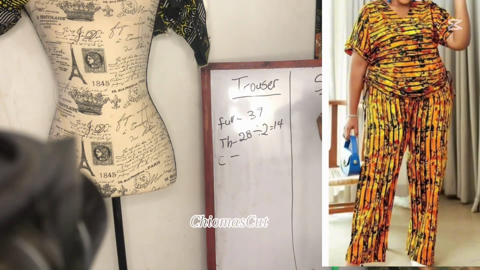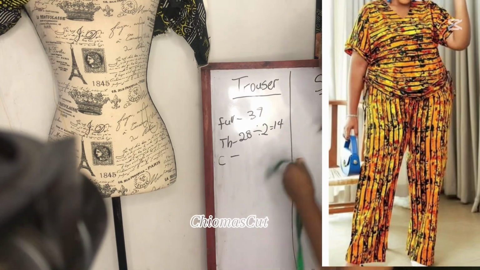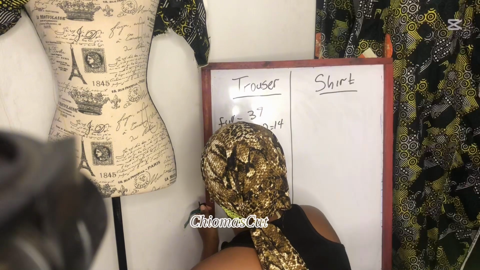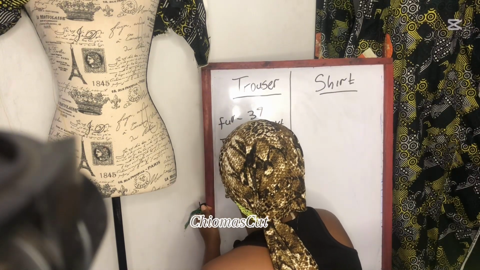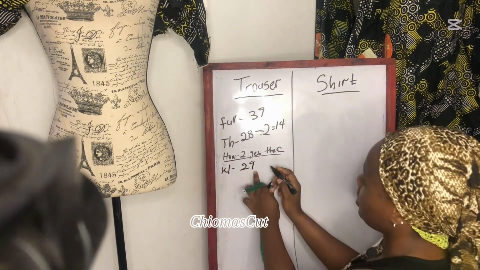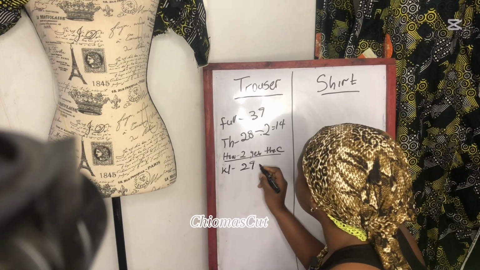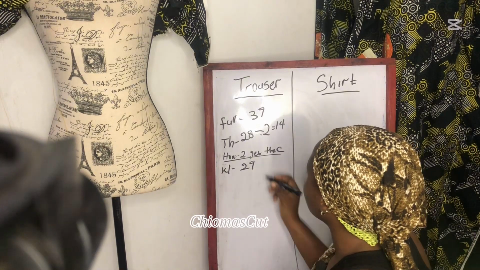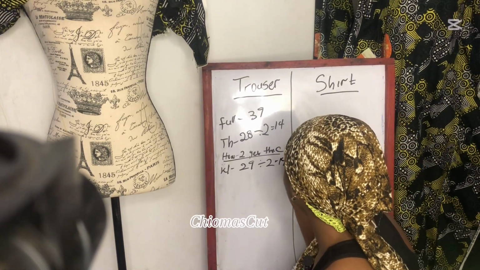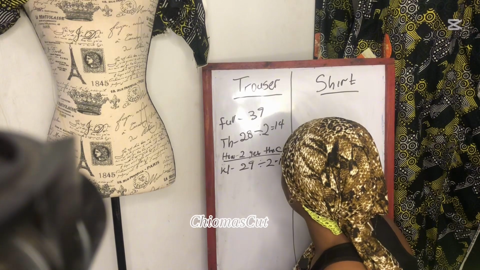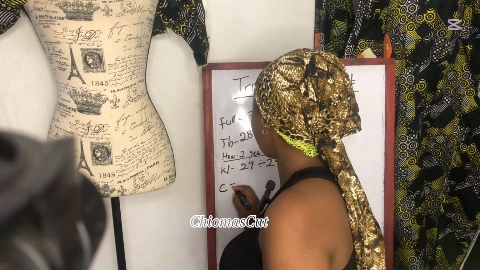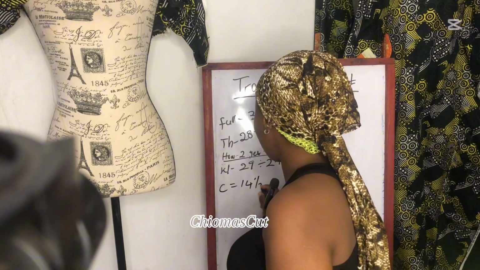Our waist is 29. 29 divided by 2 will give me 14 and a half. So the crotch measurement will be 14 and a half.